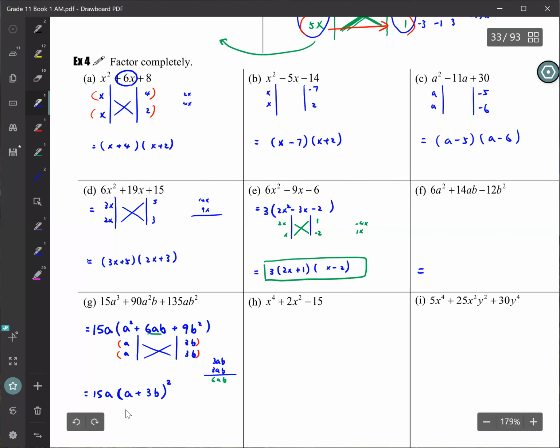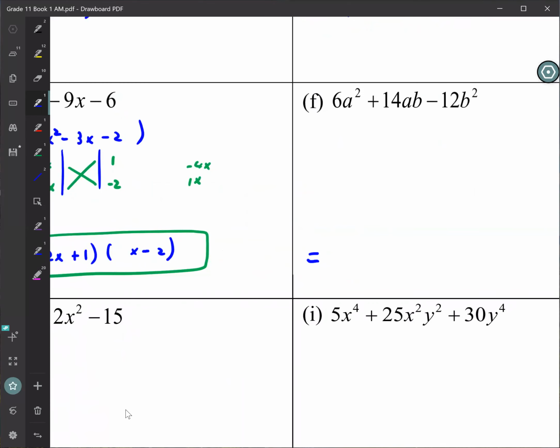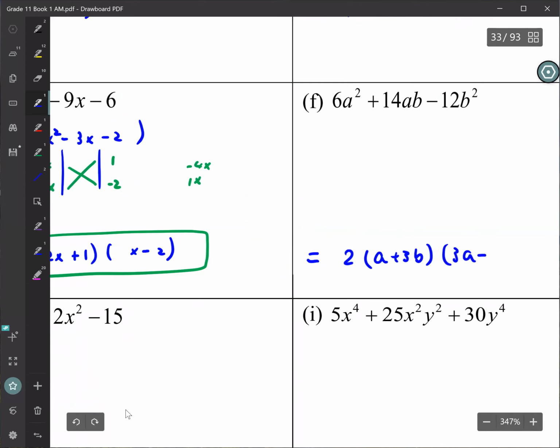Right, Yosher, can you tell us your F? 2 bracket a plus 3b and then bracket 3a minus 2b. Okay, right? So once again, we have GCF. So 2 taken out, you get 3a squared plus 7ab minus 6b squared.